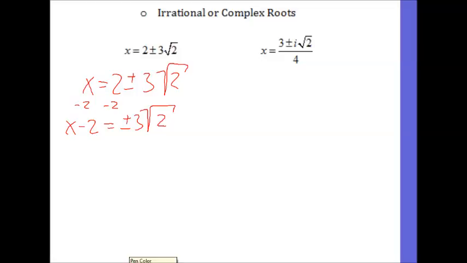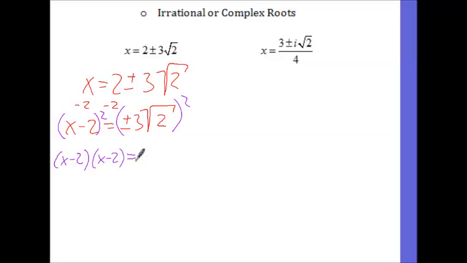We reverse that process now. We are squaring both sides of the equation. So we get x minus 2 times x minus 2 on the left. And on the right, since we had two solutions, a positive and negative, but remember, when you take a positive or a negative number and you square it, you always end up with a positive.